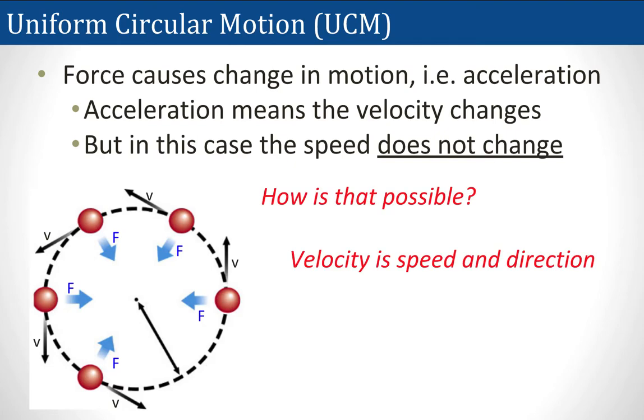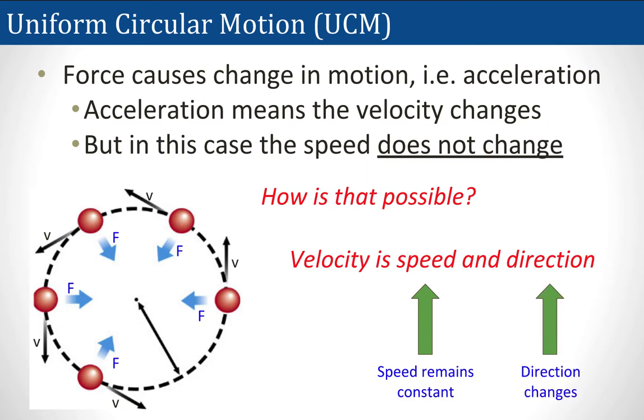Velocity includes both speed and direction. It's not just how fast, it's how fast and in what direction the object is moving. So when you focus on circular motion, it's not about pushing something with or against its motion. It's about pushing perpendicular to the motion, which keeps the speed constant and only changes the direction.